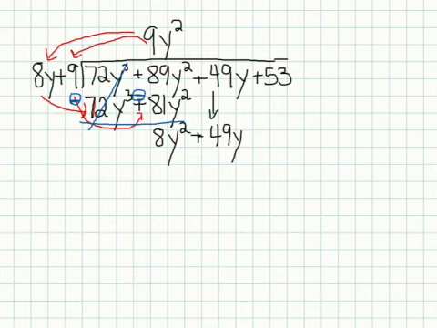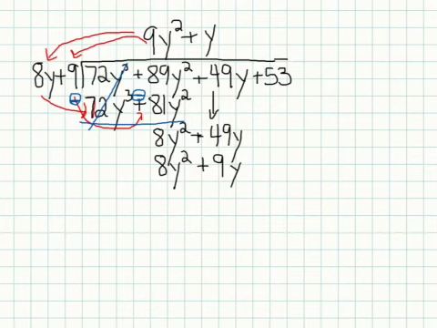So I would need to multiply it by y. Let's double check that. y times 8y equals 8y squared, which is what I wanted. But I also need to do y times 9, and put that down here. y times 9 will be plus 9y.